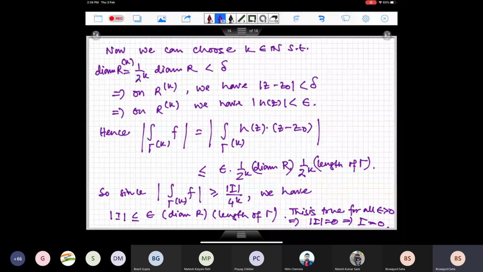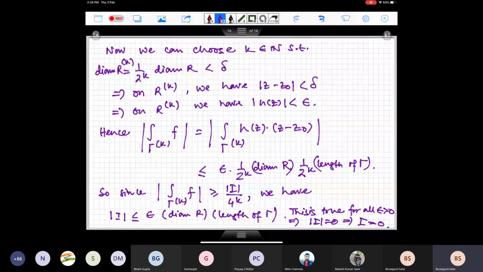Yeah. So in fact, here I have taken my function to be holomorphic on a disk. But in fact, this shows that you can take any open set where you don't have any holes.